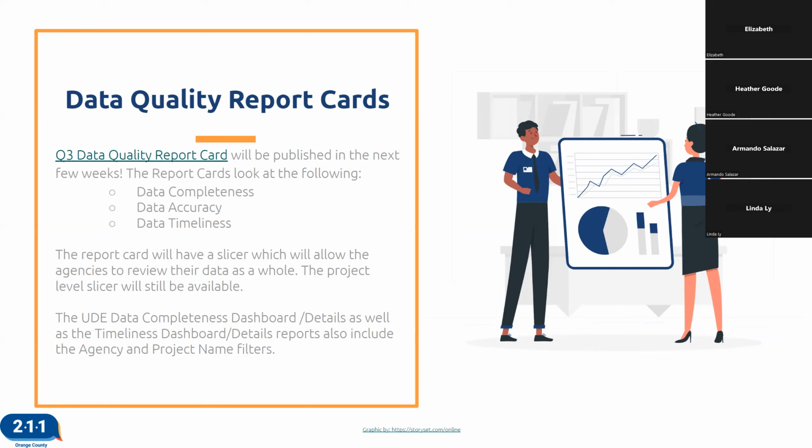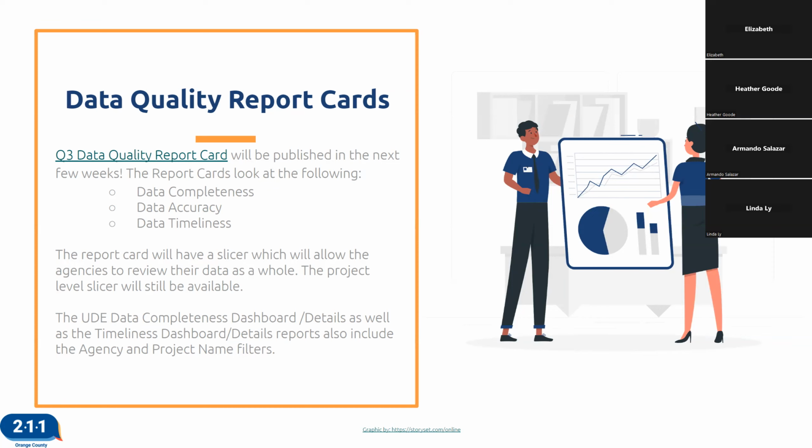Data accuracy refers to the degree to which data entered in HMIS represents real information on the clients being served in the project. Data timeliness shows the average number of days taken to enter project start, project exit, and project services provided into HMIS for each project.